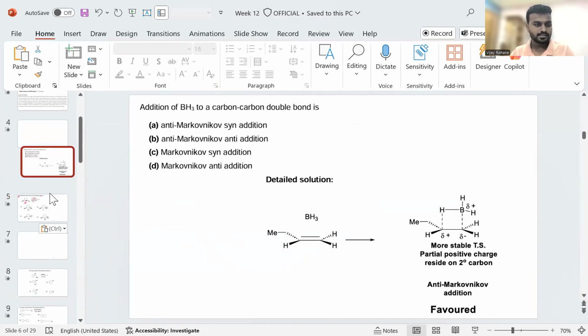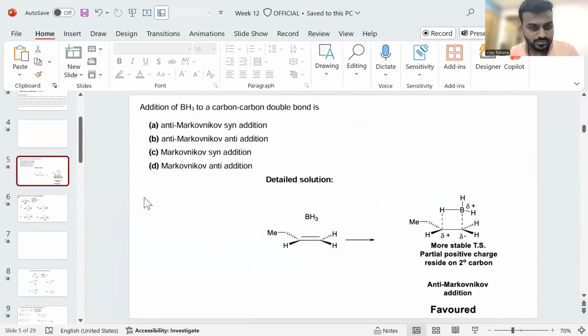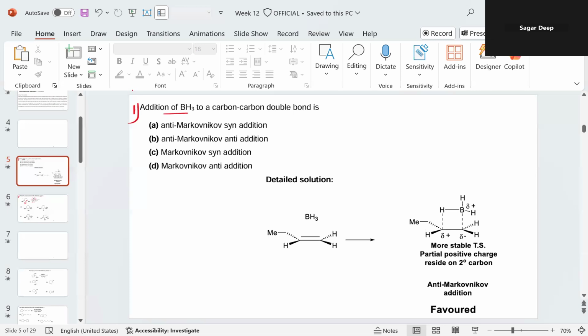This question is about the addition of BH3 to the carbon-carbon double bond. Is this addition a Markovnikov addition or an anti-Markovnikov addition?